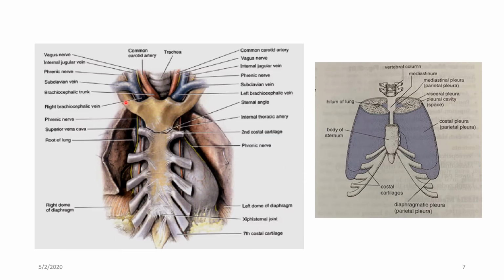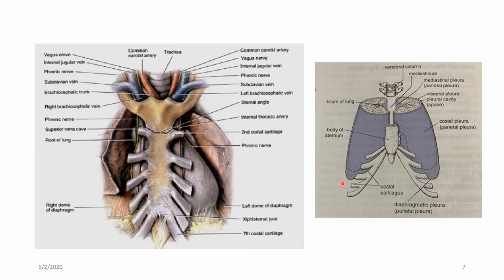So this is the manubrium of the sternum, and then the first rib which forms the upper boundary for the mediastinum, and you are seeing the body of the sternum, and its junction with the manubrium is the sternal angle, and you can see the costal cartilages attached to the body and the manubrium.